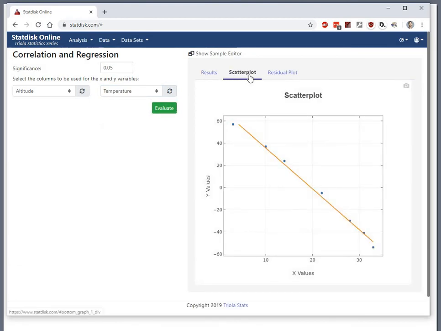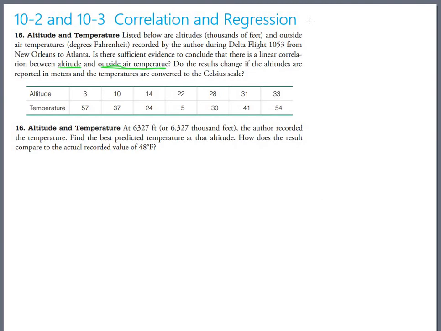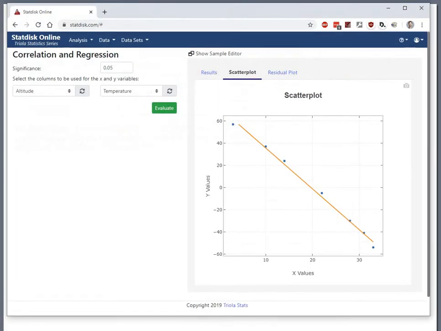Scatter plot looks really good this time. So again, this is number 1 here. The scatter plot looks basically like that. Yep, pretty much.